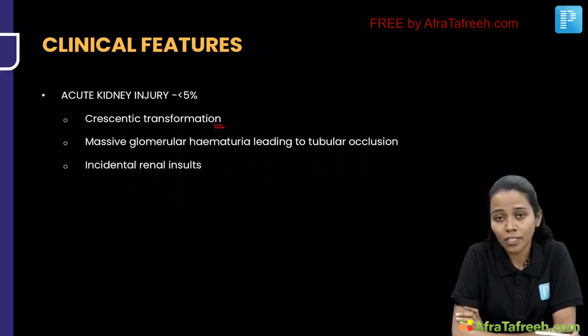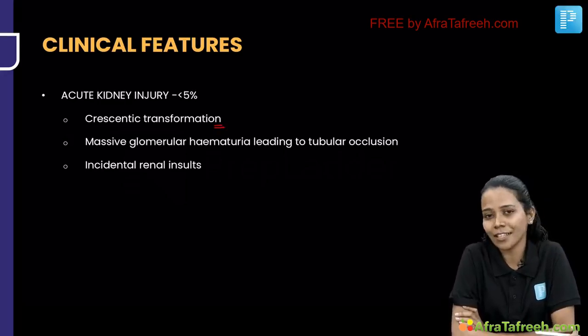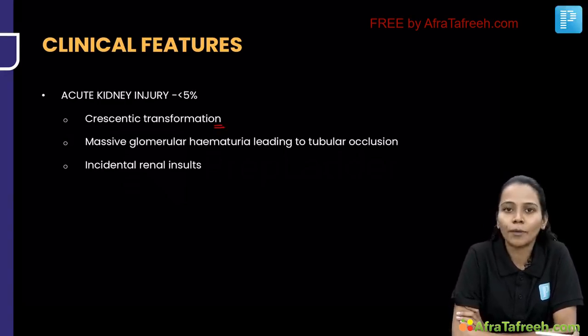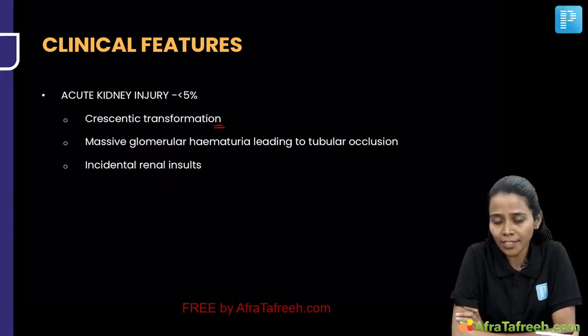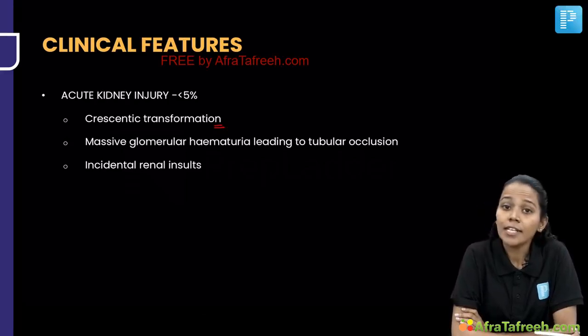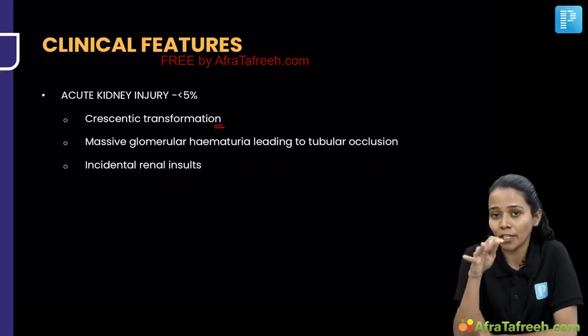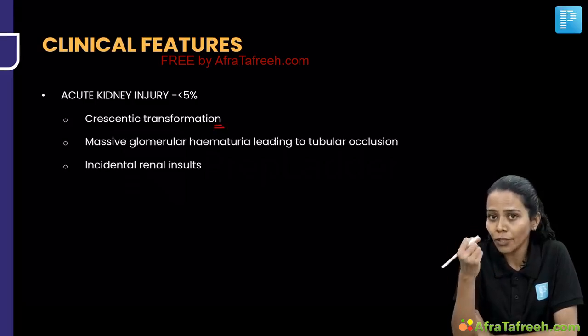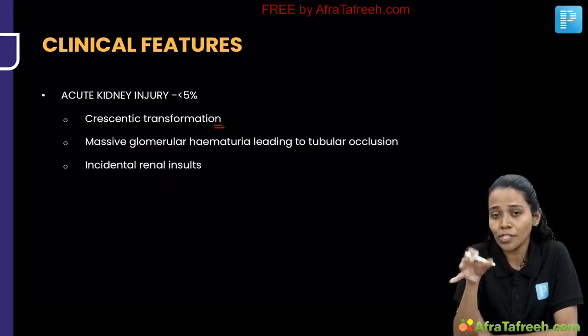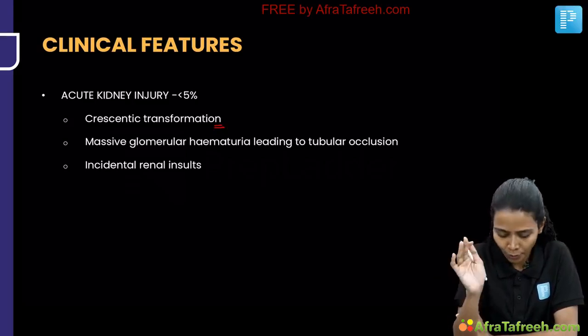In that, one of the reasons for RPGN, which is nothing but the clinical counterpart of crescentic glomerulonephritis, I have described as IgA vasculitis. So crescentic transformation can occur. The second one is, like I already described, massive glomerular hematuria which is going to come and occlude the tubules, and then it is going to cause acute kidney injury.